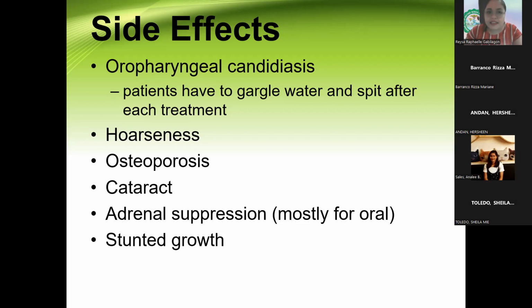Now, bakit? Kasi remember, corticosteroids are considered immunosuppressant. So, sa mouth natin, kapag may corticosteroid, nasusuppress yung immune system in those areas. And remember, Candida, which is a fungus, lives also there. Aside sa mga babae in our vagina, merong Candida doon. Meron din yan sa bunganga. Na actually nagpo-cause yan ng singaw.